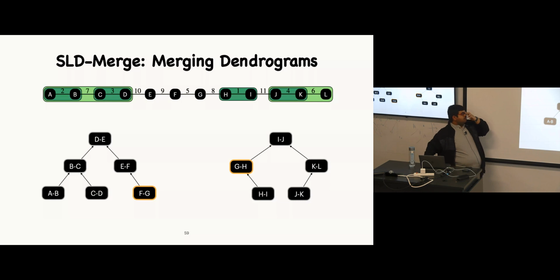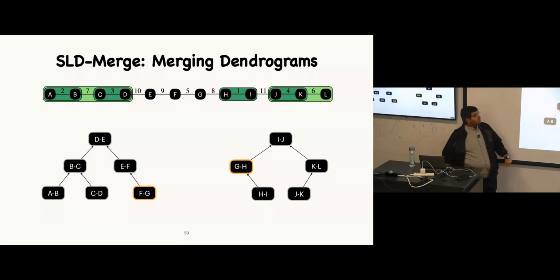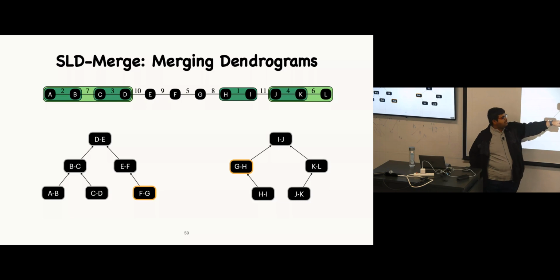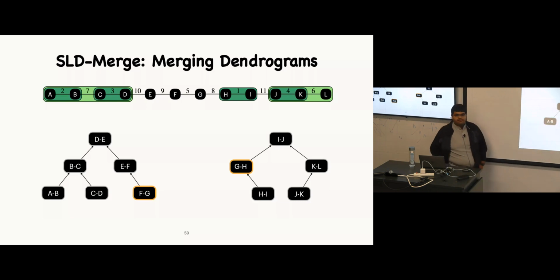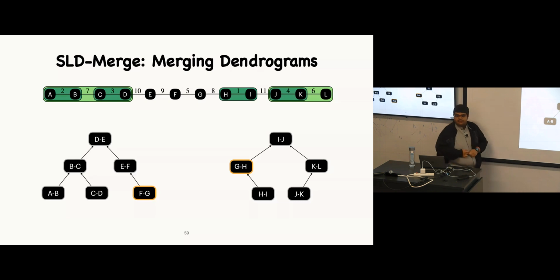So basically we don't change anything corresponding to the clustering of this segment, which is the subtree over here. And similarly, those segments which correspond to the subtrees rooted at KL and HI, right? So the only things that change are the nodes along the spine of FG and GH, right?